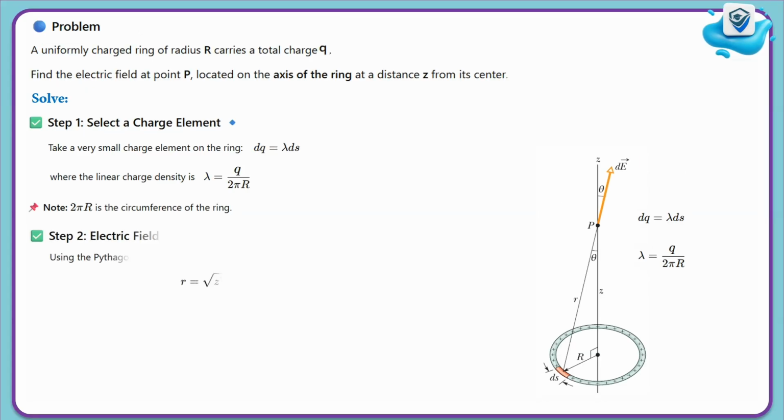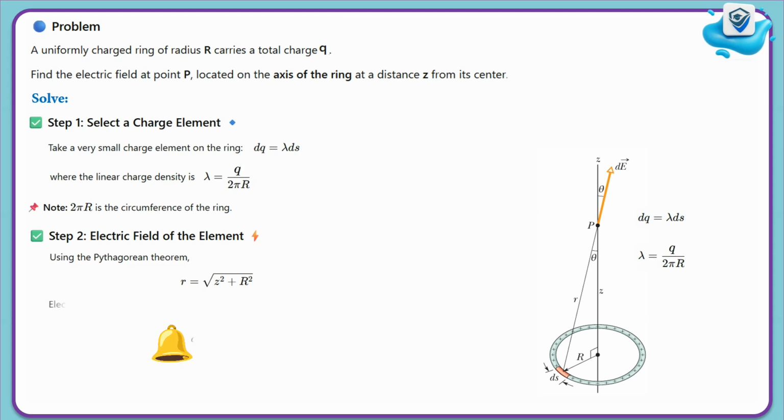Step 2. In this step, we calculate the electric field produced by this tiny charge element using the same electric field equation for a point charge. First, we find the distance from the element to point P. Using the Pythagorean theorem, R equals the square root of z squared plus r squared.